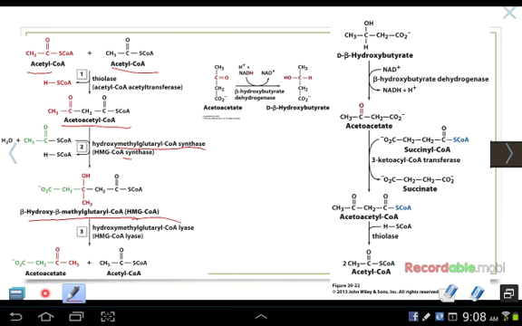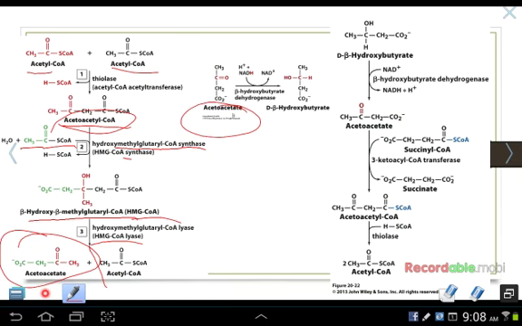All right, so another acetyl-CoA comes in and is added to the end of our acetoacetyl-CoA. Then a lyase, HMG-CoA lyase, breaks off an acetyl-CoA group, and we have our acetoacetate.